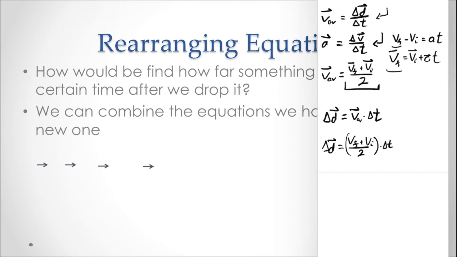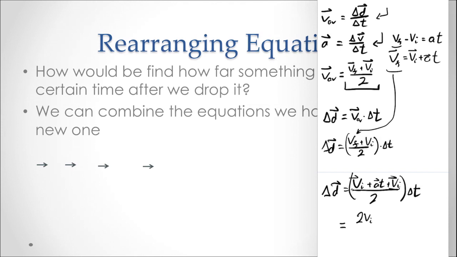And we can substitute this value into our new equation. This gives us the equation Vi plus at plus Vi over 2 all times delta t. Here you notice we have a Vi and a Vi. This can be combined into 2 Vi plus at over 2 all times delta t.